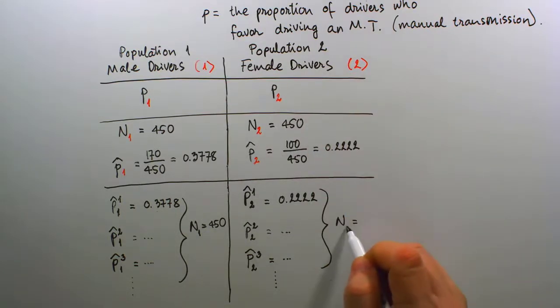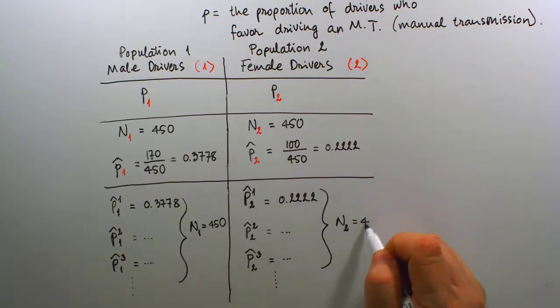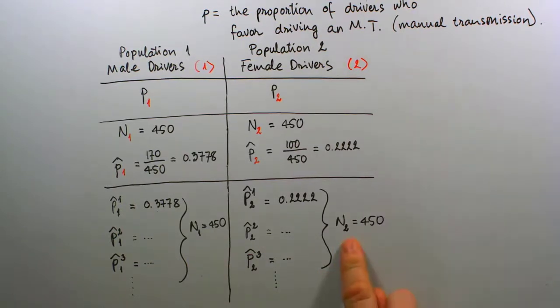So that's the meaning of what n1 and n2 are. So n2 here is also decided to be 450.